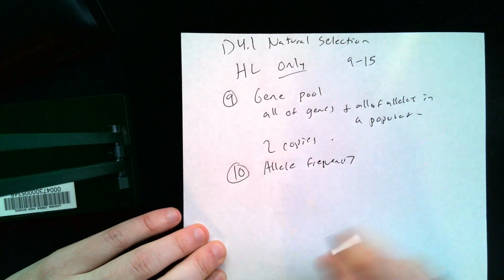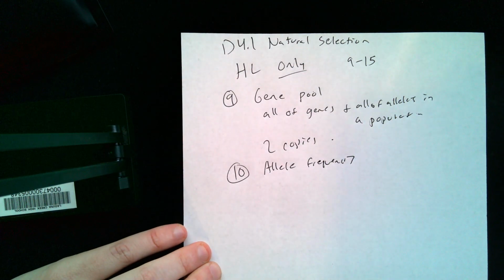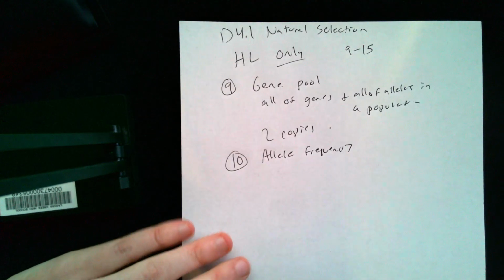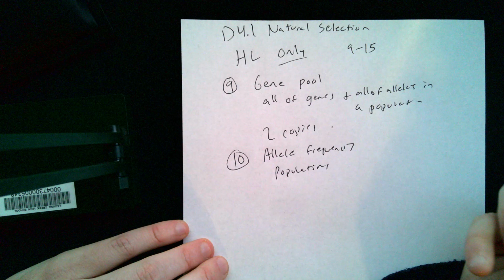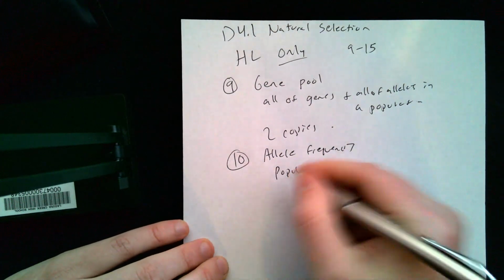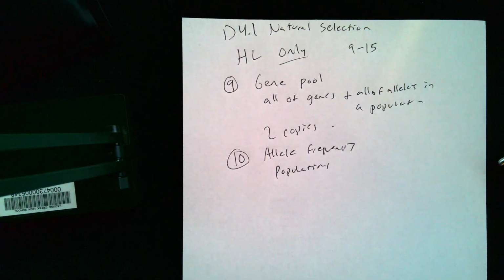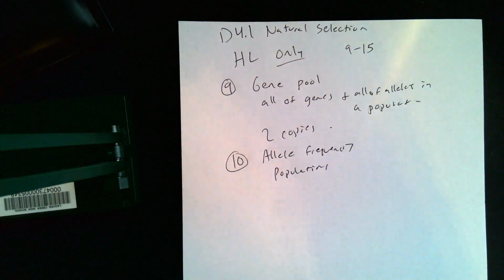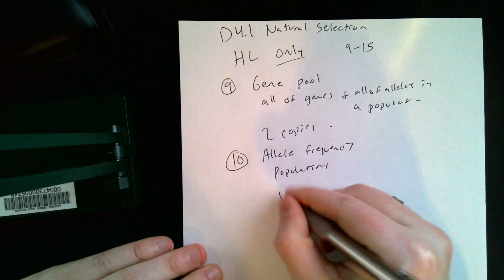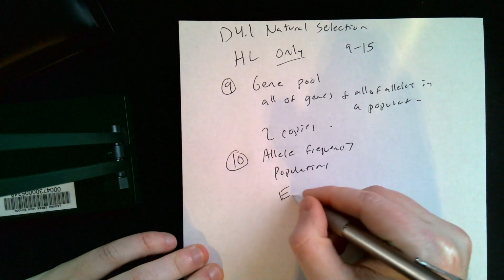And so what we find is that different populations can have different allele frequencies, right? So there are certain traits that are more common in certain populations than others. And so a classic example for humans is eye color.